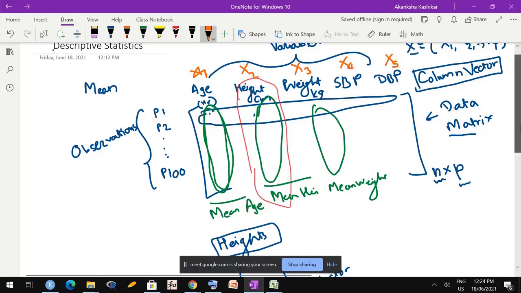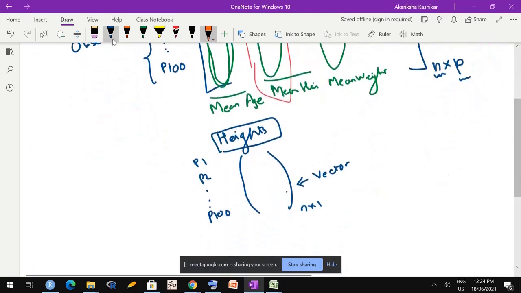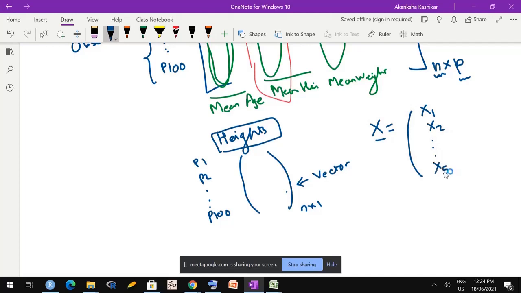So I have a vector x, which consists of x1, x2 up to x5, and then when I try to compute their means, I will have x bar itself as a vector again. Okay, x bar would again be a vector where first component of that vector would be x1 bar, mean age, then second component would be x2 bar, mean height, and so on, x5 bar.